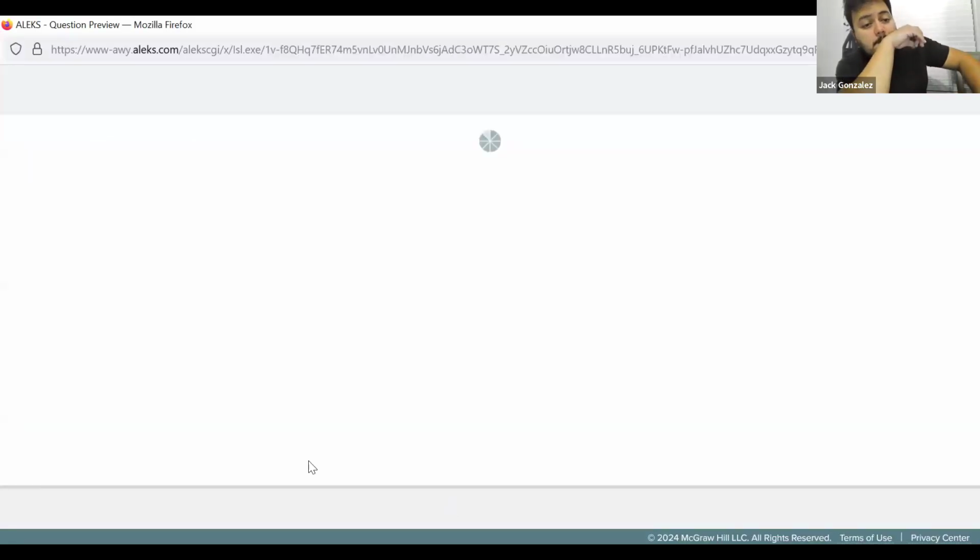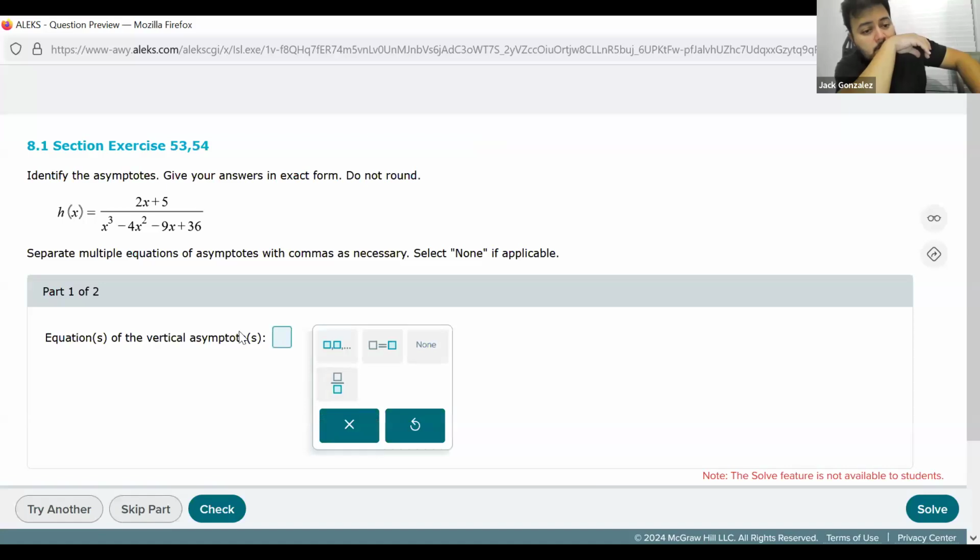Okay, 15. So here we have to factor the denominator. Probably grouping will work.